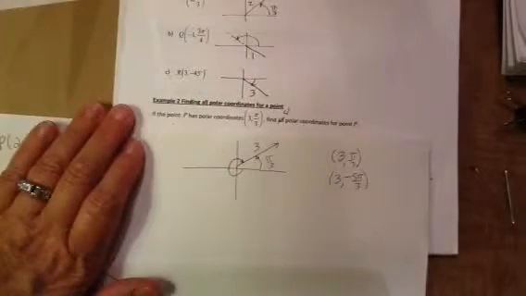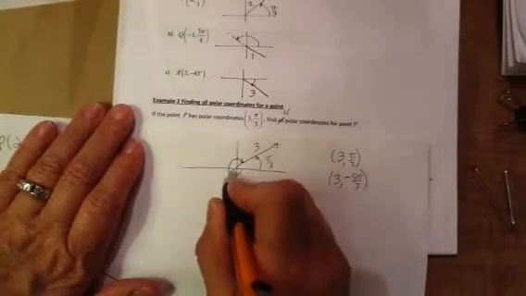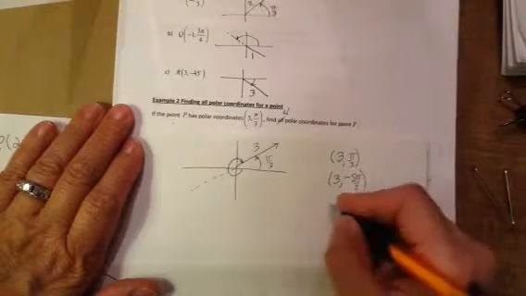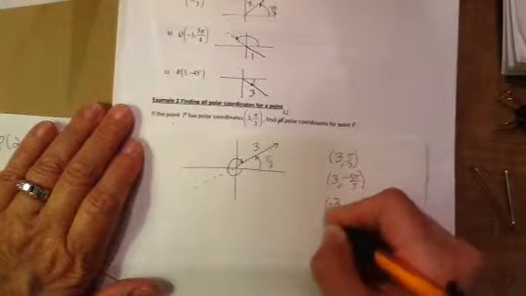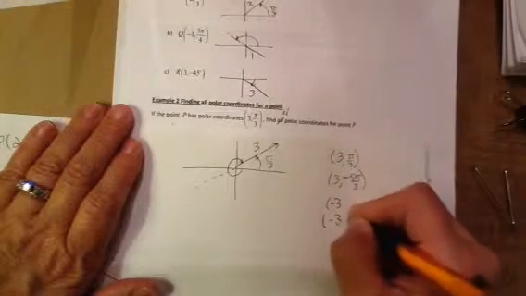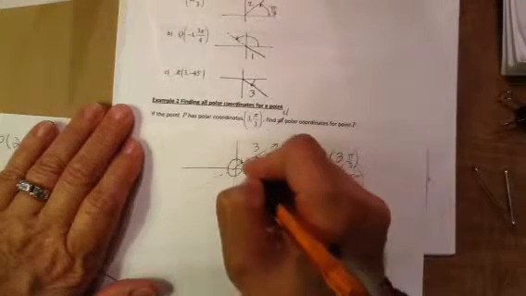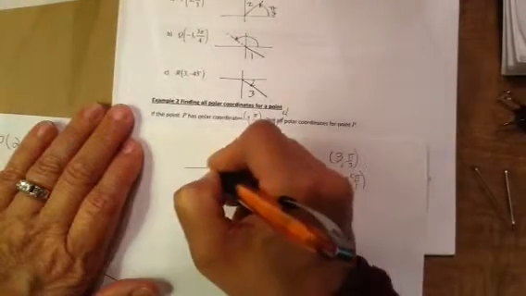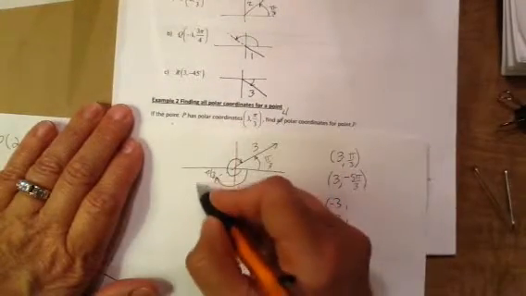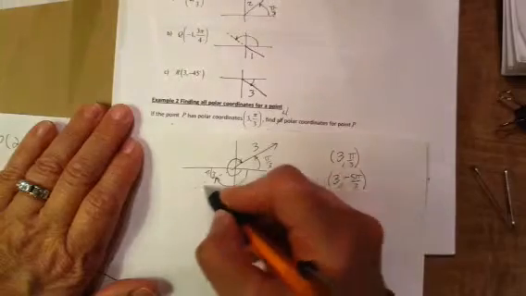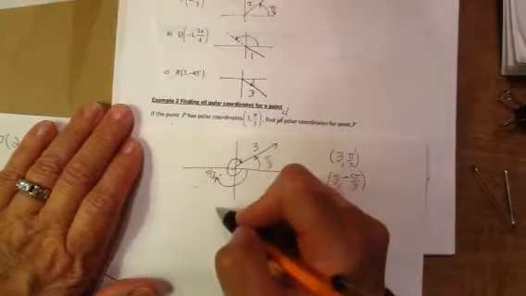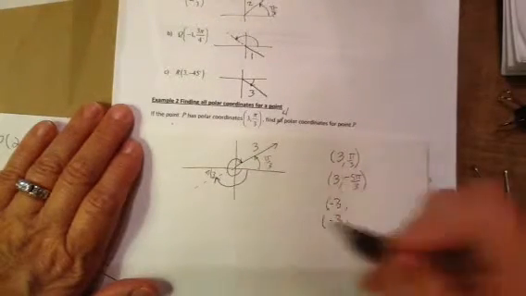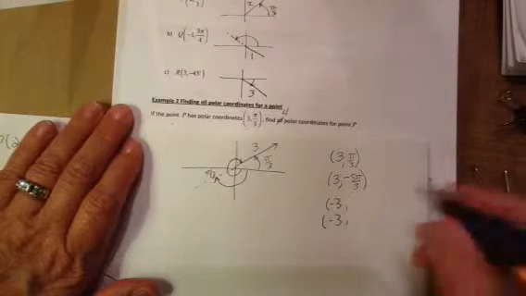Okay, I could get 2 more. Let's take this and go in the opposite direction. That means I'm going to have a -3. And now I want to know what this angle is. Well, if this is pi over 3, which by the way is 60, and from here to here is 180, then what I'm looking at is 180 minus 60, which is 120.